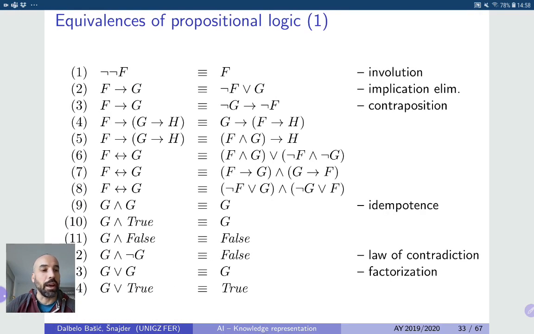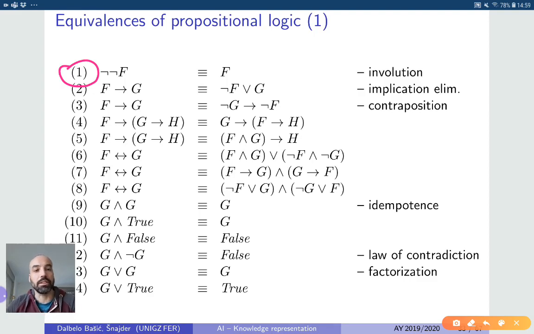I'd just like to go back for a second and talk about involution here. The point is that all these equivalences are very well known and accepted, and we use them when we do logic. But don't think of them as something that is set in stone, since there have been approaches in philosophy and logic that decided not to commit to one of these equivalences.